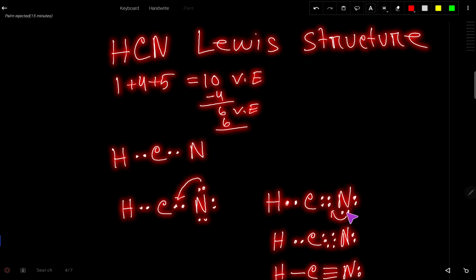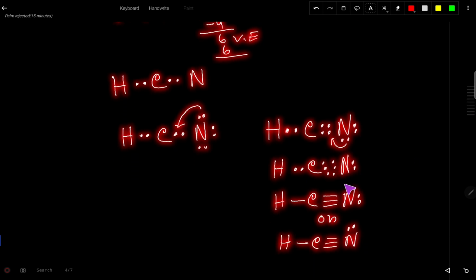That is why we'll move this lone pair as a bond pair, so we'll get this structure. In this structure, nitrogen has 2, 4, 6, 8, carbon has 2, 4, 6, 8, and hydrogen has 2. So the octet for nitrogen and carbon is fulfilled and the duet for hydrogen is fulfilled.